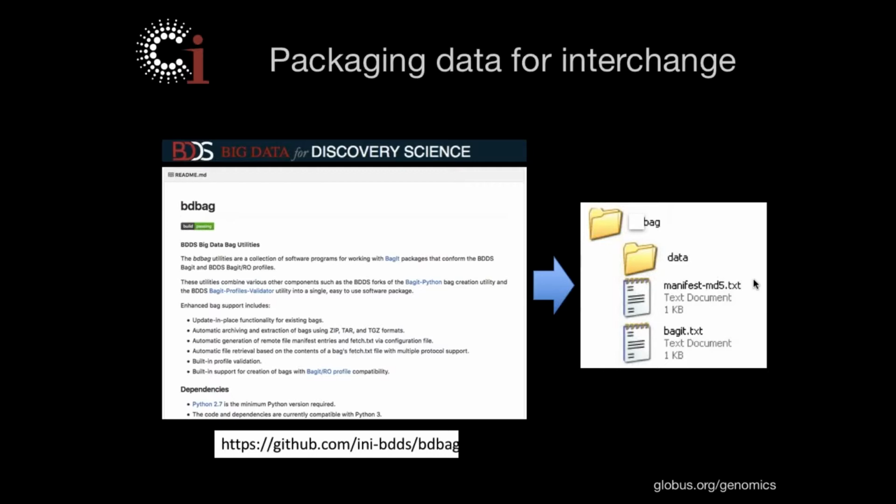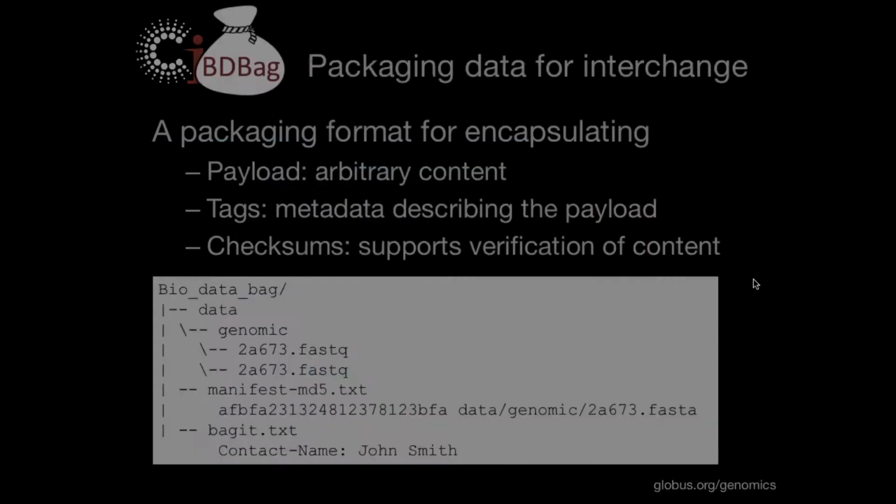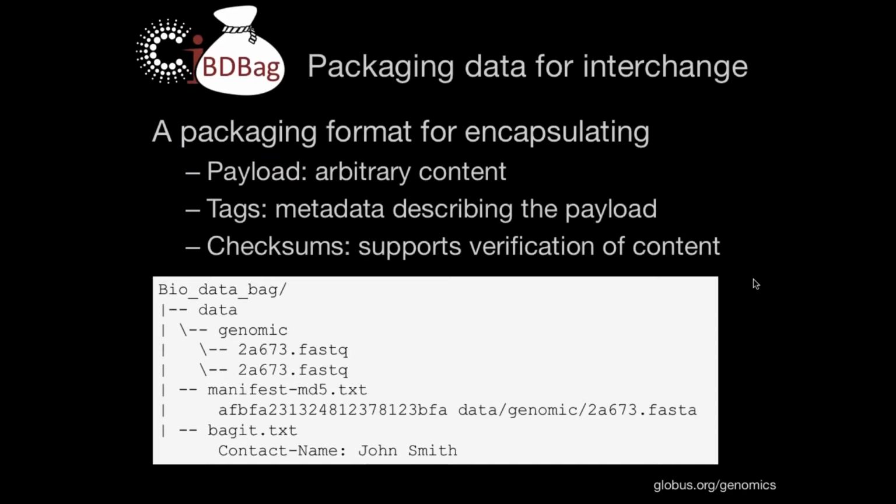So a BD bag is a construct that packages data in a format that allows data to be exchanged between multiple analysis services, and it has tags to describe the metadata and checksums so that you can validate the data hasn't been changed since you last used it. And I'll describe how this all makes sense and comes together for reproducible research and doing science at large scale.